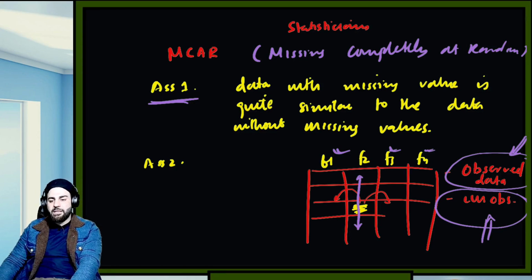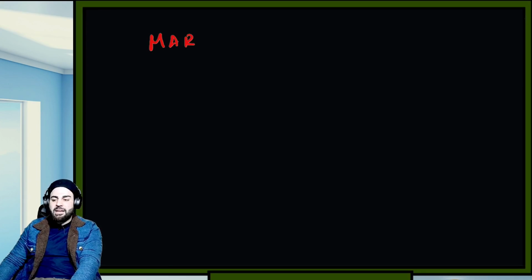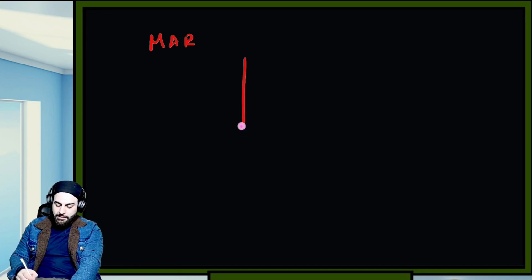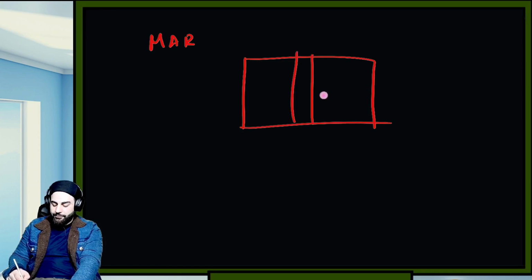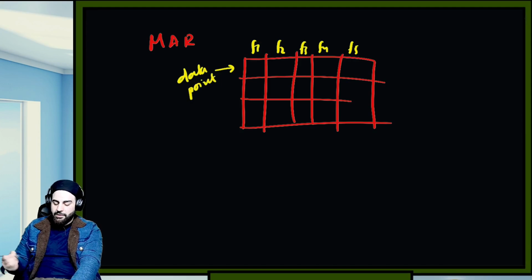So this is the first category, missing completely at random. Then we have missing at random. So what was missing at random? In missing at random, you can find a relation with the other features. Suppose these are the features F1, F2, F3, F4, F5. I'll always draw this data as a matrix. Each row will be called a data point, which I am continuously reiterating so that it gets into your long-term memory.